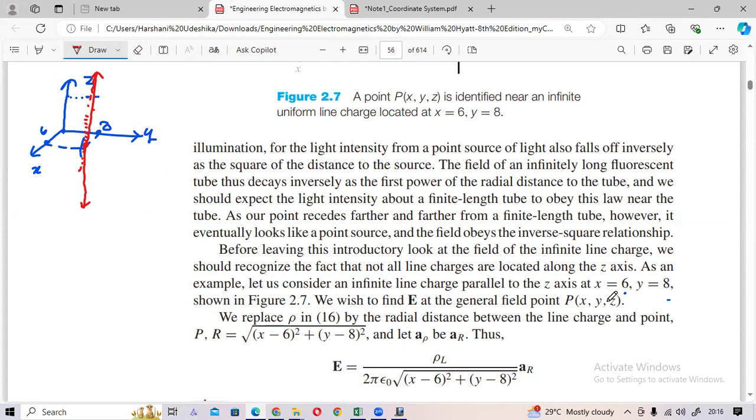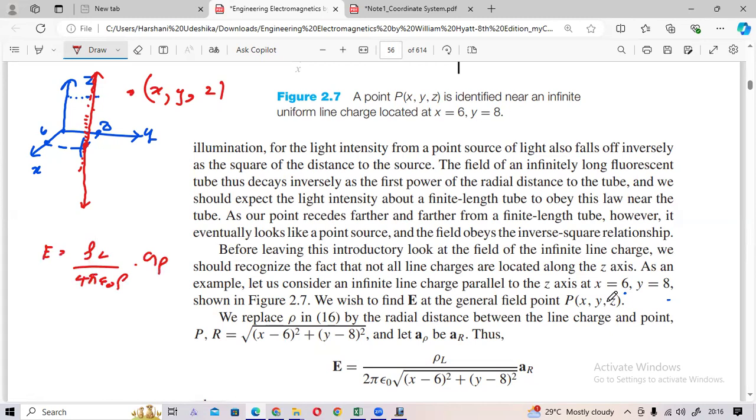Now they asked to find the E at the general point X, Y, Z. So you can consider any general point, that is X, Y, Z. Now you are asked to find the E field at this point. The E field is given by rho L over 4 pi epsilon rho, A rho.